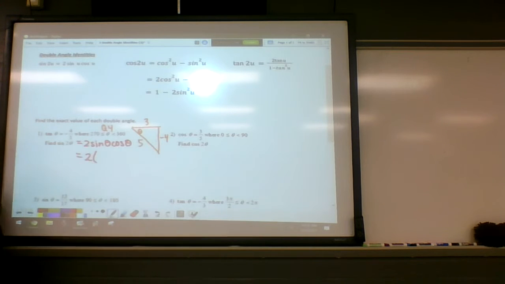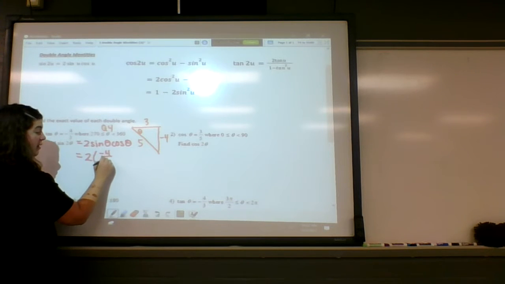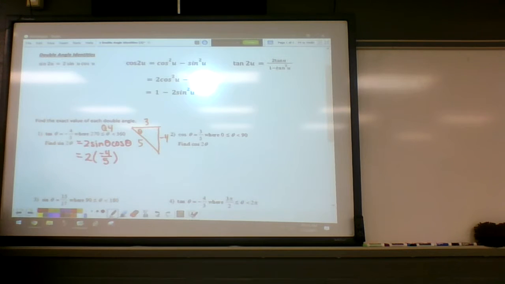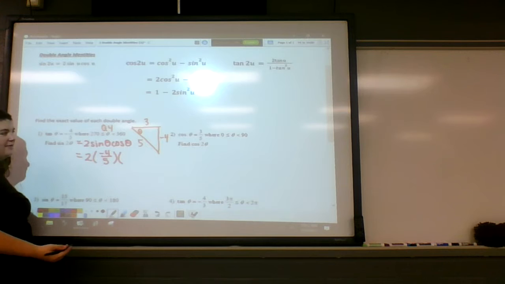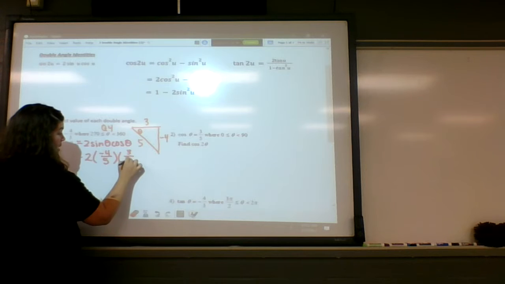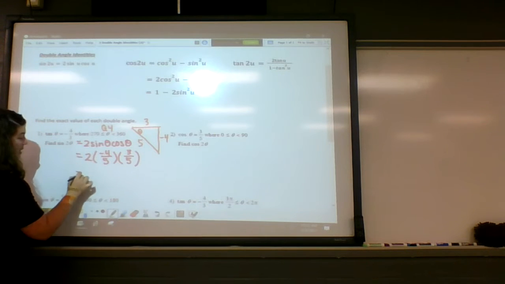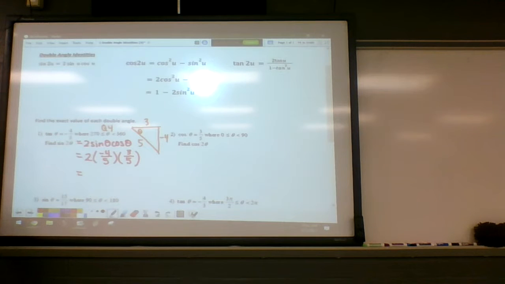So using your triangle, what is the sine of theta? Negative 4/5. And then times the cosine of theta. Using your triangle, what's the cosine of theta? 3/5. And just multiply them all together, and you have the value for the sine of 2 theta.